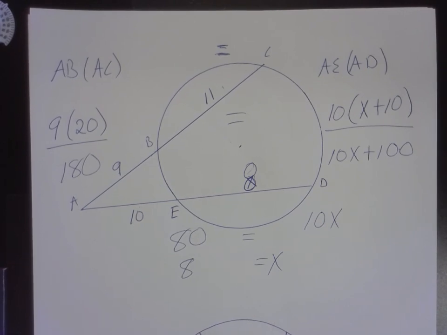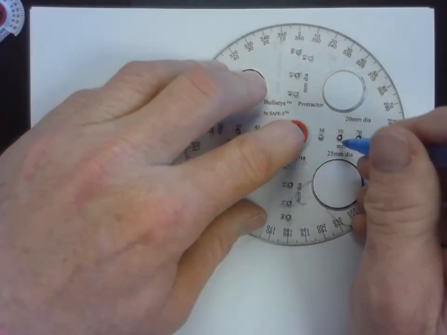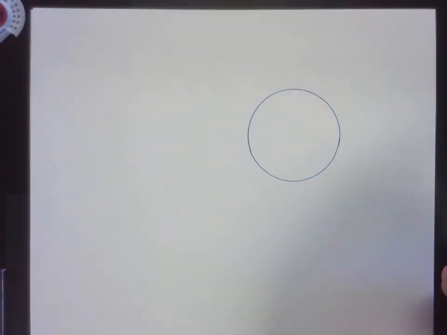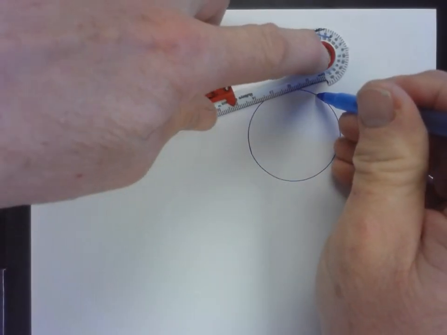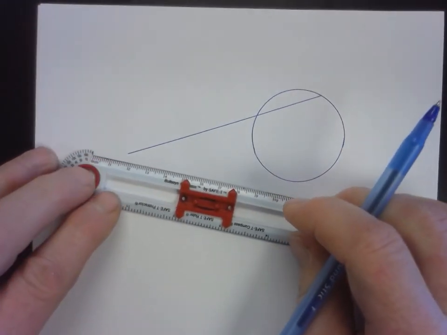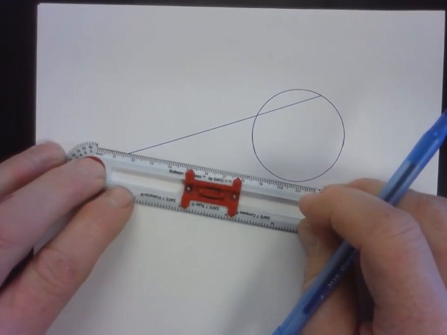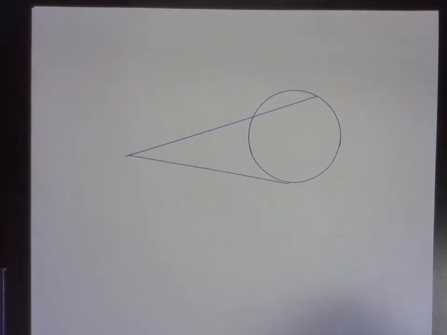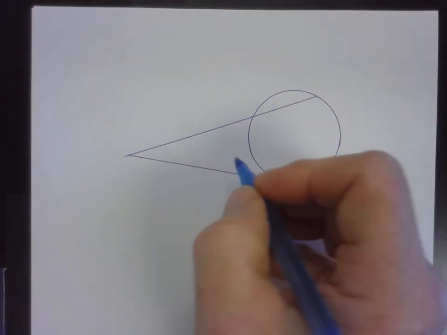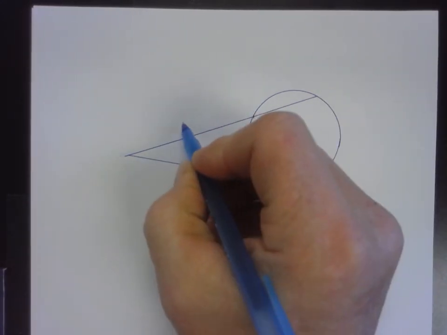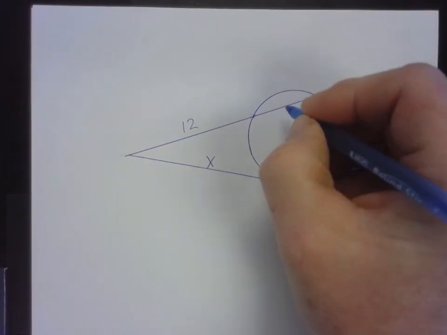And then we have this other situation where you have a secant like this, and then you have a tangent coming from that point of tangency right to there. So let's say the secant's x. This bit outside here is 12, and on the interior right there we get that bit 6.